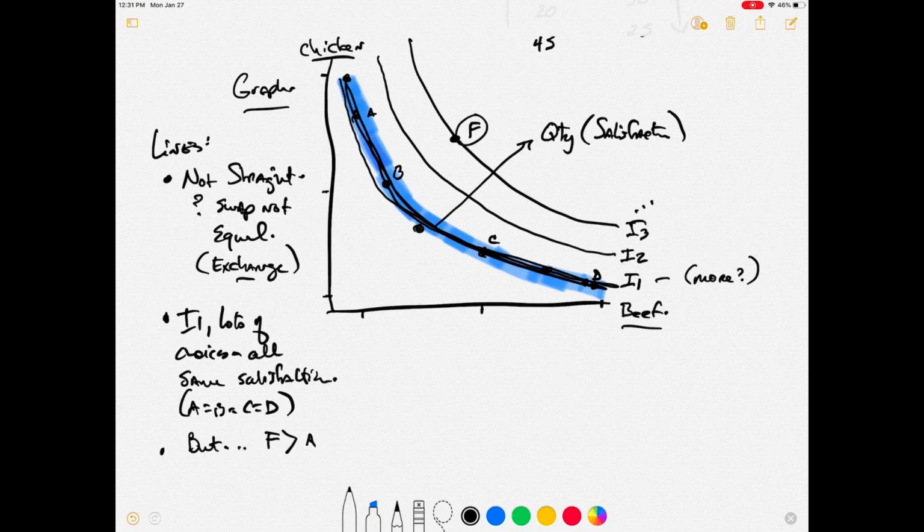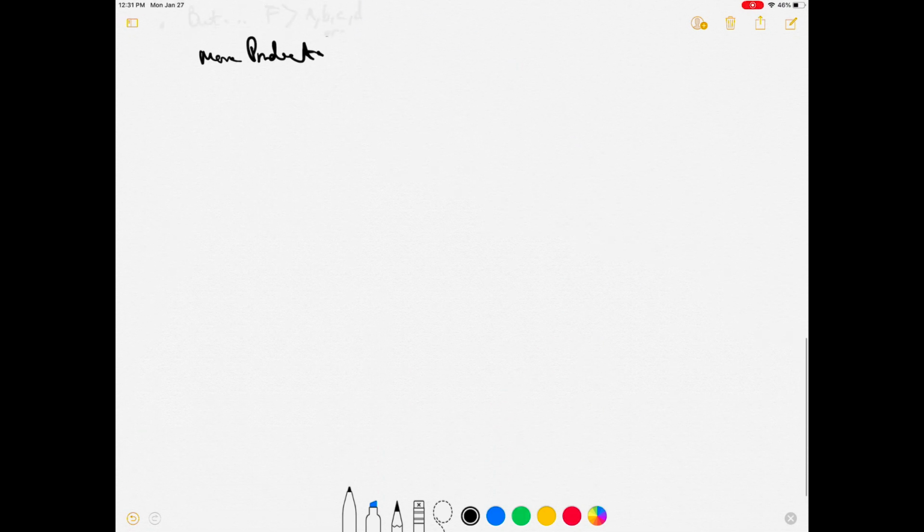They're just swapping. Now, you can see there's a different line, though. F, way out there on that I3 curve, that's definitely more satisfied. So that's something that we would want to try to identify. So if people are buying more of your product, if they're swapping it for other products, less of other products and more of yours, they're really not more satisfied. They just happen to be exchanging the product differently.